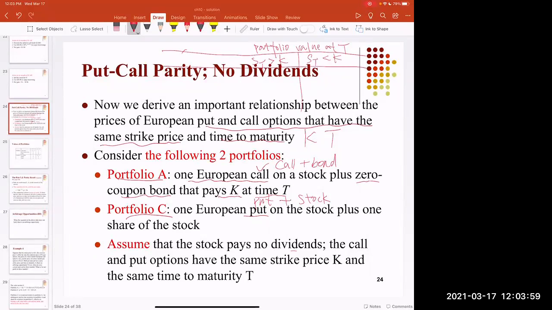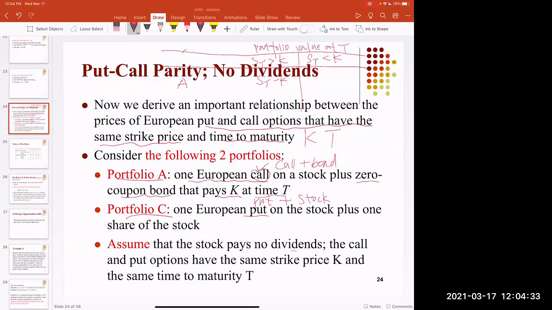We're going to talk about two cases. So portfolio A, if the stock price is higher than K, for the call option, what would be the value? Remember, to calculate the payoff, we do ST minus K. So the portfolio value, exercising the call, is ST minus K. That's the payoff from the call option.